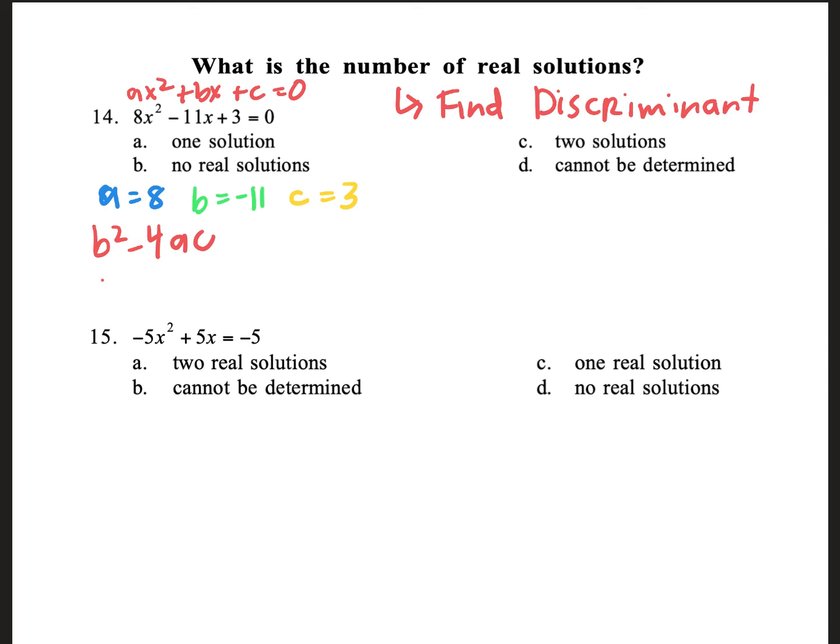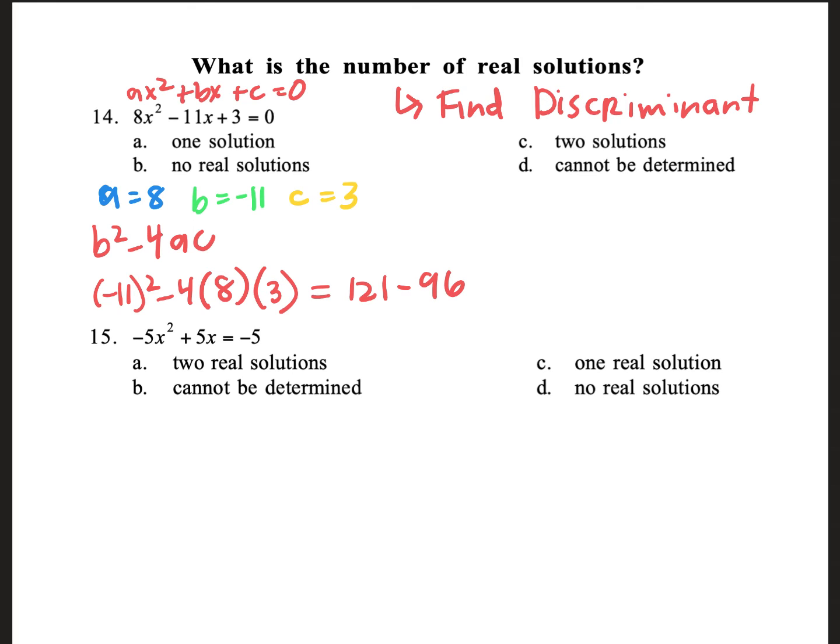So we're going to do b squared, so we're doing -11 squared minus 4 times a, which is 8, times c, which is 3. If I square -11, you can do that in your calculator, I get 121. And then I'm also going to do -4 times 8 times 3. You can type it in just like that in your calculator, and I get -96.